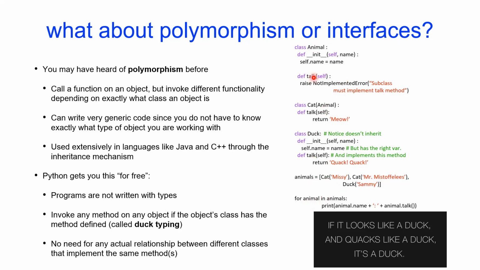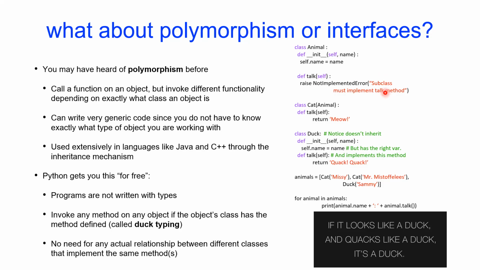For example, in a particular example, we say, hey, there's an animal class, and we define a talk, but for the parent class we don't really define anything. We just say, if you don't implement this talk, I will raise an error.